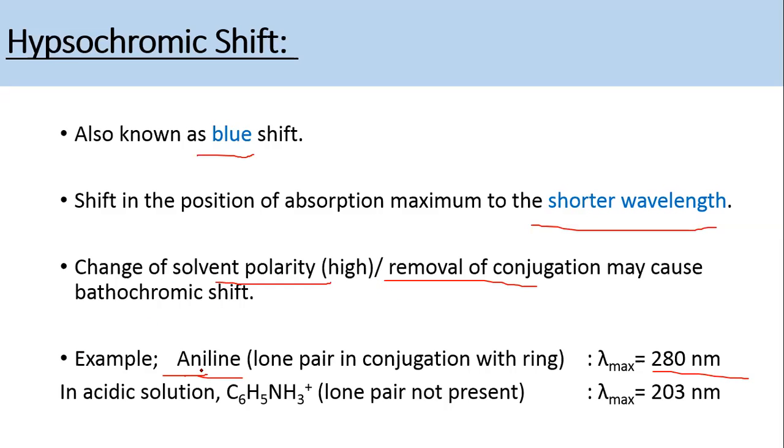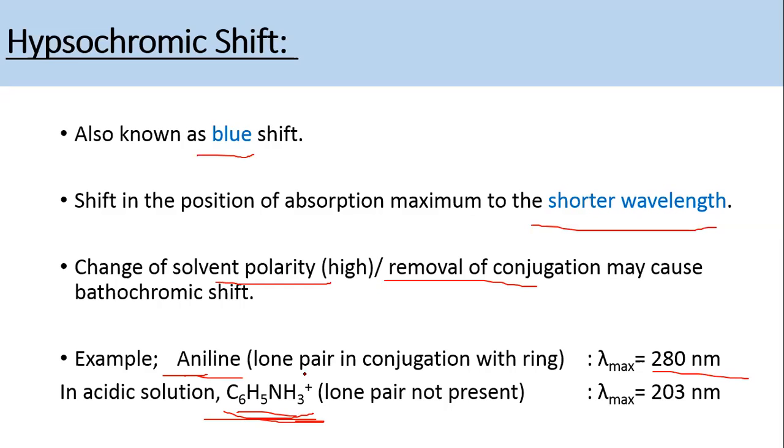But in acidic solutions, the lone pair is utilized by making a bond with the proton, and it makes an anilinium ion. Due to the formation of this anilinium ion, the lone pair is busy making a bond with the proton, so it is not available for conjugation with the aromatic double bonds.